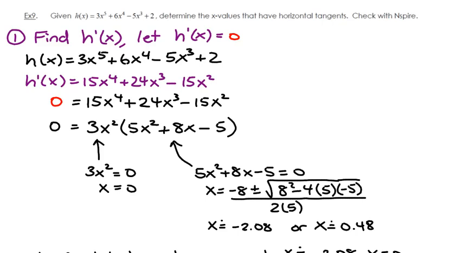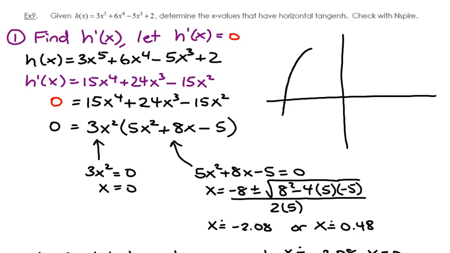Okay, so I gave you the next example. Given that you have a certain function, h of x, determine the x values that have horizontal tangents. So I'm just going to show you what this kind of looks like. I think, let's see, it looks something like, I don't know, I'm just roughing it. So something like this. Okay, now you have certain tangents, and the tangents are, you have increasing tangents like this all along, right?